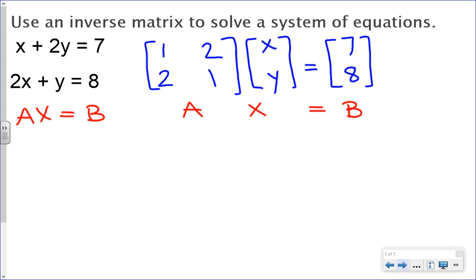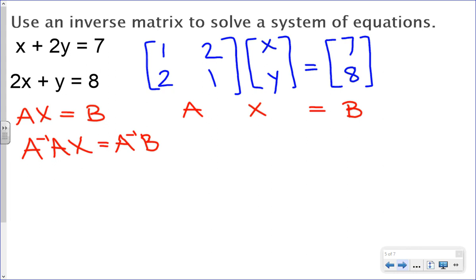We would divide by A. Have I taught you how to divide by a matrix? No. So instead of dividing, what would our option be? Multiplying by the inverse. We need to do the inverse operation to get it to go away. So we know if we multiply A inverse times A, they should cancel out, right? Well, if I'm going to multiply A inverse on the left side, I also have to do it on the right side.